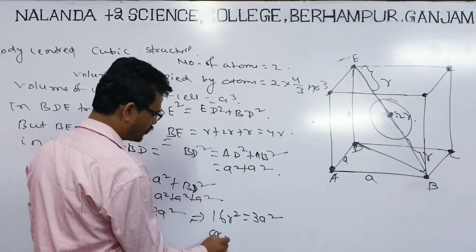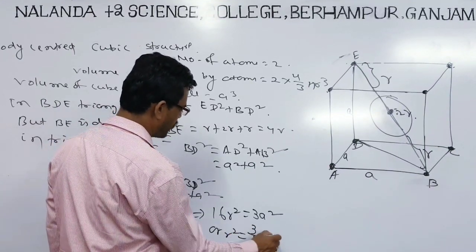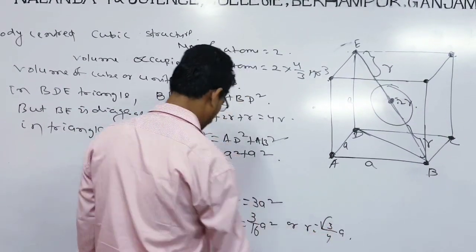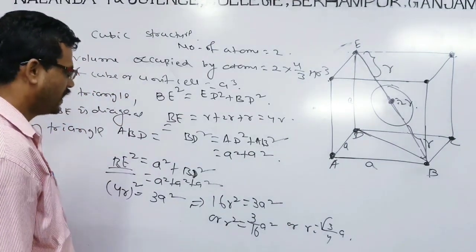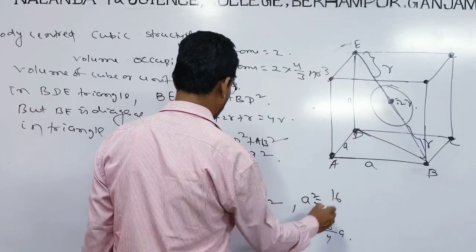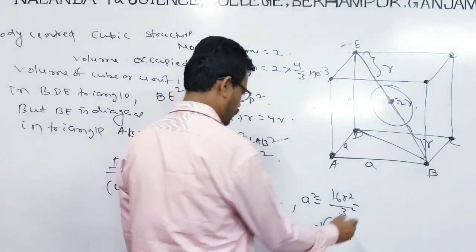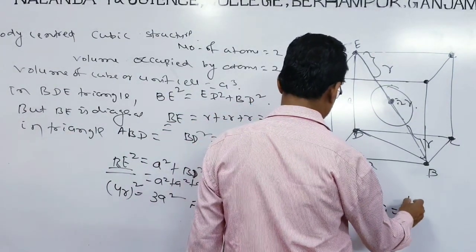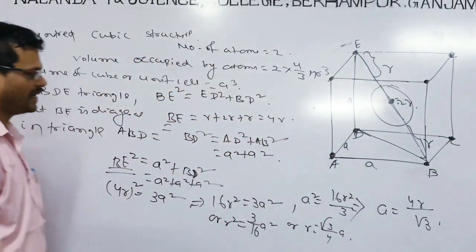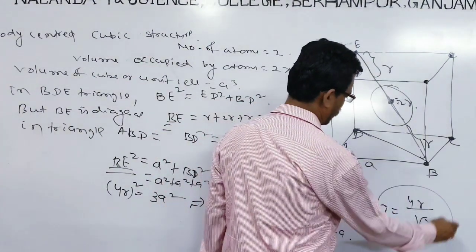Or r square is equal to 3/16 a square, or r is equal to root 3 by 4 a. Similarly, a square is equal to 16r square by 3, which implies a is equal to 4r by root 3. So we get the edge length as 4r by root 3.